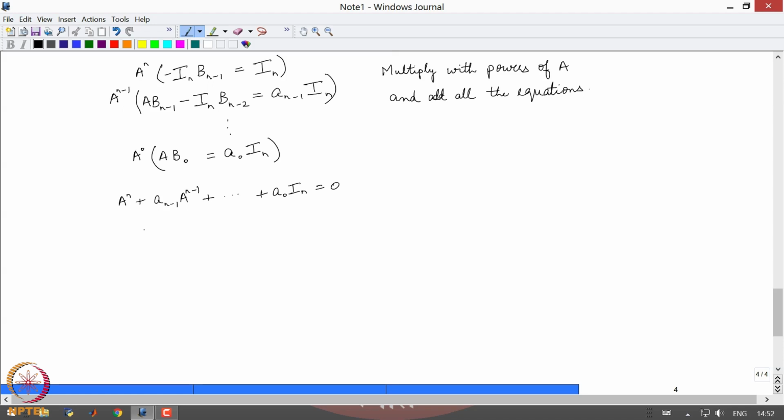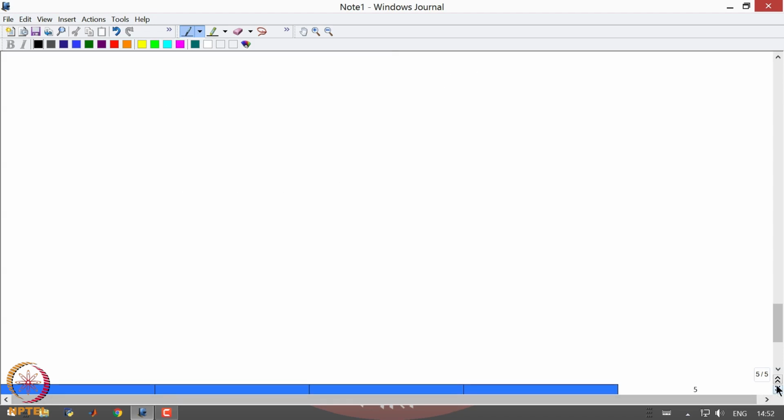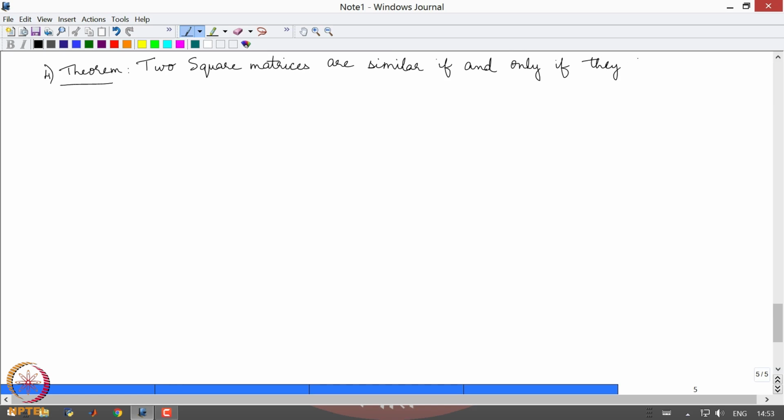So, going to the next proof, it is another theorem which says two square matrices are similar if and only if they have the same Jordan form.